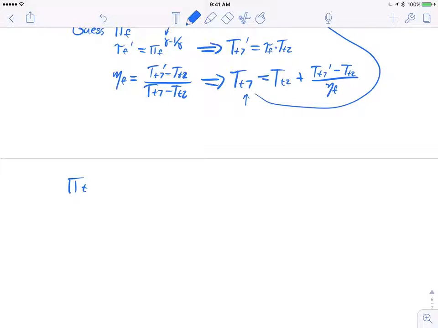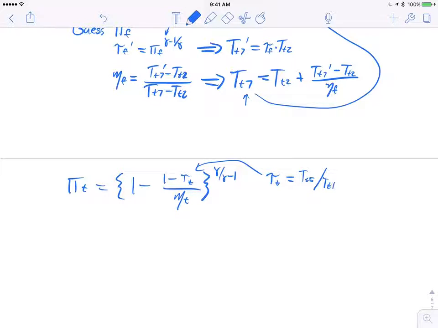Once we know Tt5, we have a nice expression that lets us calculate the turbine pressure ratio pi t based on the expression 1 minus the turbine temperature ratio, tau t, over our turbine efficiency, eta t, with that whole thing to the gamma over gamma minus 1. And remember that tau t there is equal to Tt5, which we just calculated, over Tt4, which is given to us.